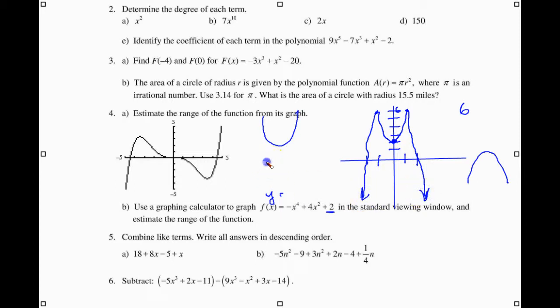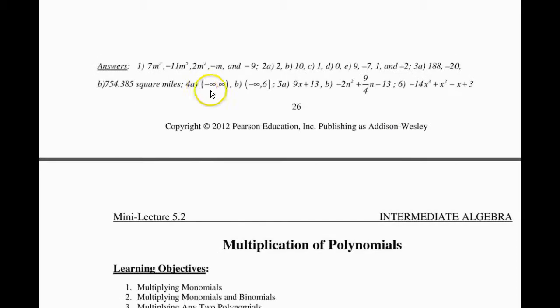Well, it's coming from negative infinity going up to what? 6. And it looks like 6 is in the set, so I'm assuming it's something like that. Again, the answers are down below. Now, as I look at this, they are also asking for the domain.